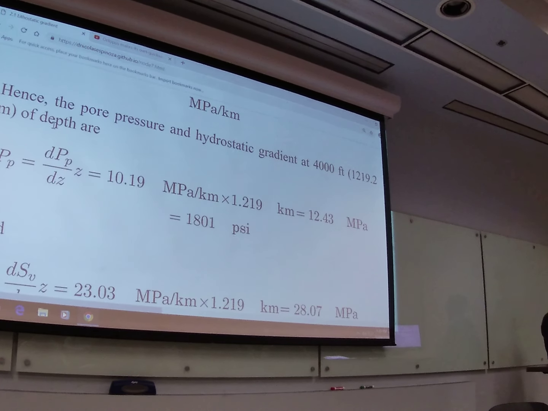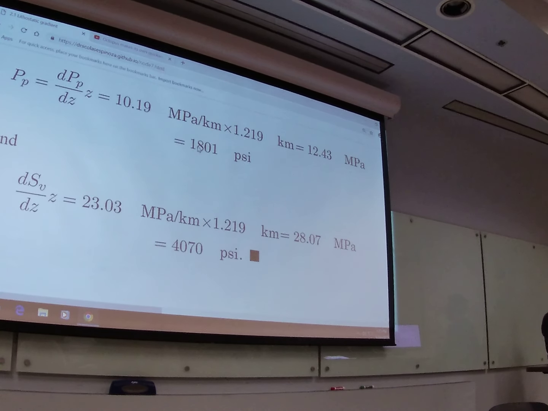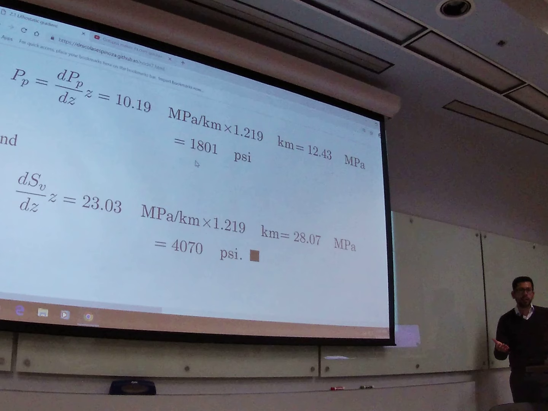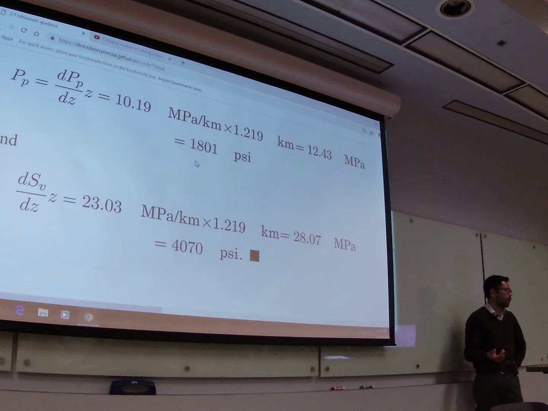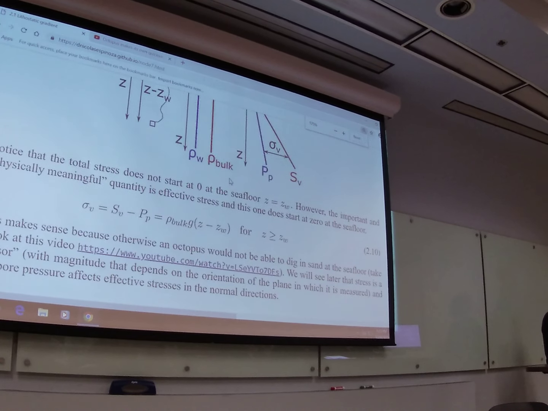You multiply that times depth, and here I went with the matrix solution, but you can also do it with the field units, and you get that answer, which is fairly close, okay? Maybe you did some rounding, or I did some rounding over here. It's not exactly the same, but it's correct. So that's the solution for that problem.